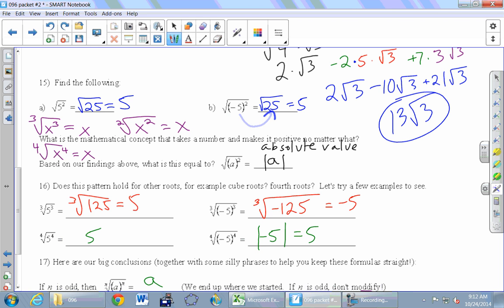So by virtue of being an even power, we lost that negative. And this is our way of saying, hey, even if you had a negative to start with, it's going to disappear. And absolute value is the magical thing that explains that a negative disappears. So we're not taking the square root of negative 25. That's a topic for another day later this semester. It's that the negative disappears because it's raised to an even power.